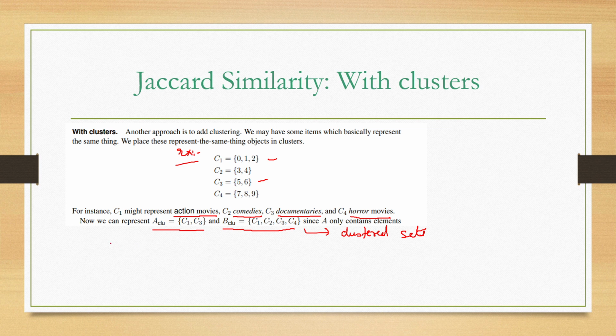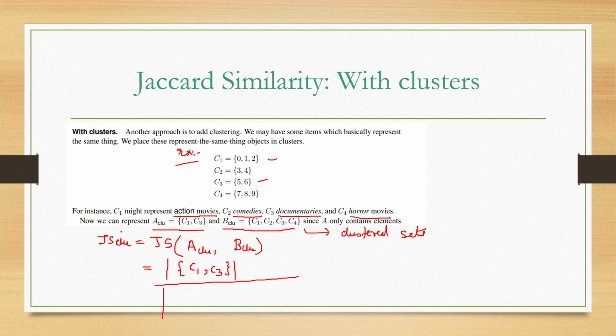Now we can also apply Jaccard similarity to these clusters. So if we have to apply it to a cluster, we will write Jaccard similarity of A, which is a cluster, and B, which is a cluster. So A has two sets C1 and C3, whereas B has these 4 sets.